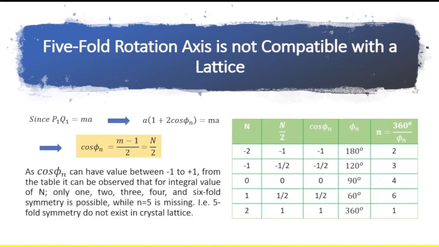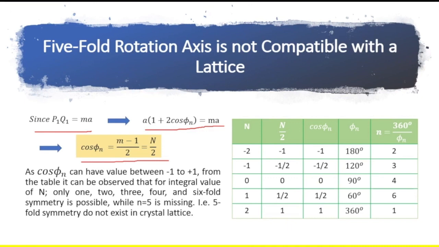As we know that P1Q1 is equal to ma, from the previous equation we can equate these two, and then we will get the value of cos phi equal to (m - 1)/2. In place of m minus 1 we can put n, which is also an integer.